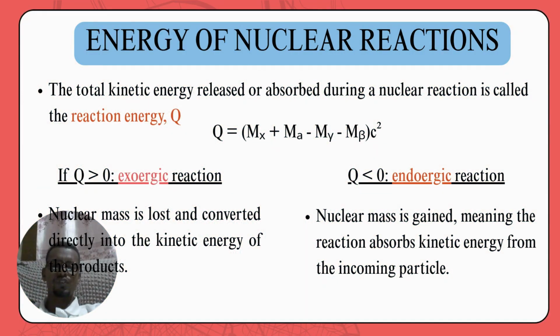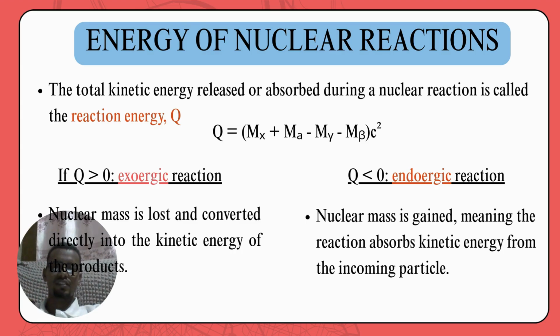So the energy of nuclear reactions comes from the change in the mass before the event and after the event, which means the reaction energy, or Q value, is the total kinetic energy released or absorbed during a nuclear reaction.